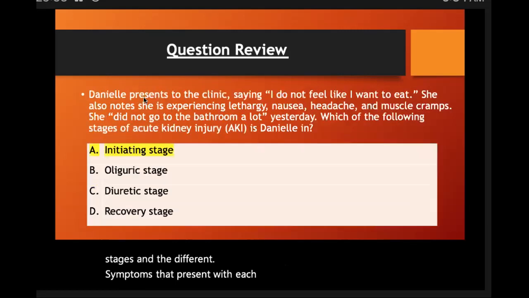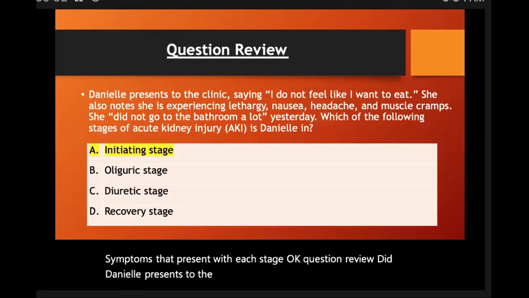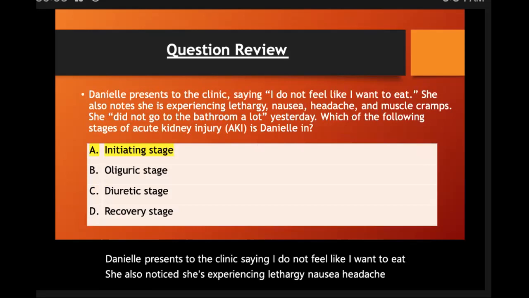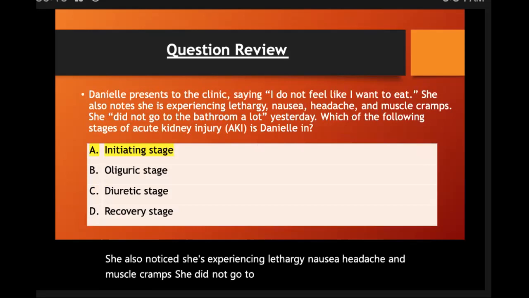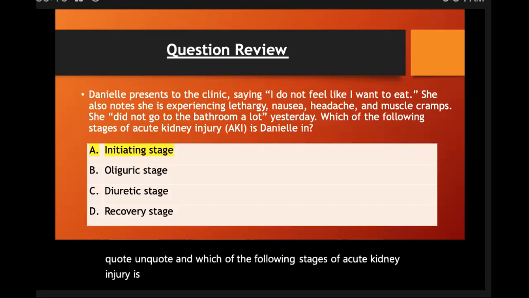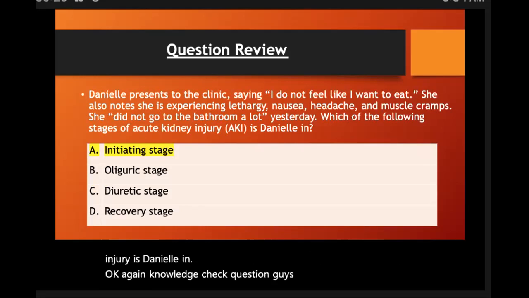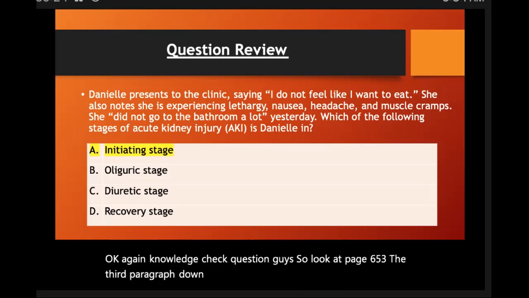Okay, question review. Danielle presents to the clinic saying, I do not feel like I want to eat. She also noticed she's experiencing lethargy, nausea, headache, and muscle cramps. She did not go to the bathroom a lot yesterday. Which of the following stages of acute kidney injury is Danielle in? Again, knowledge check question, guys. Look at page 653, the third paragraph down, and there they describe the 4 stages of AKI.